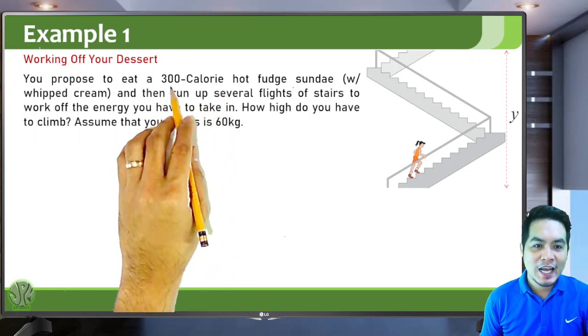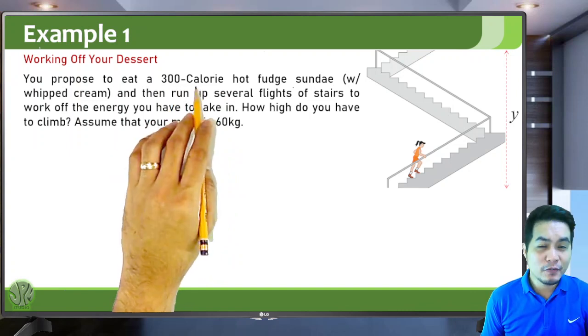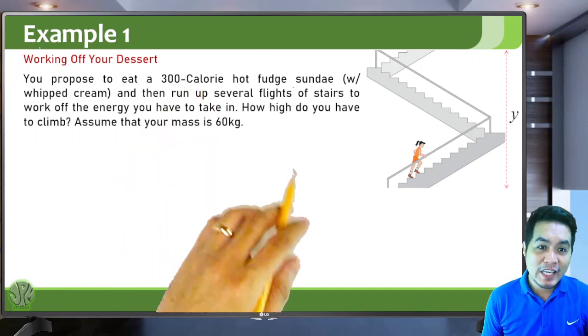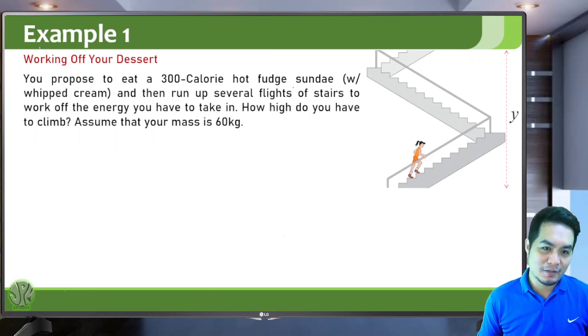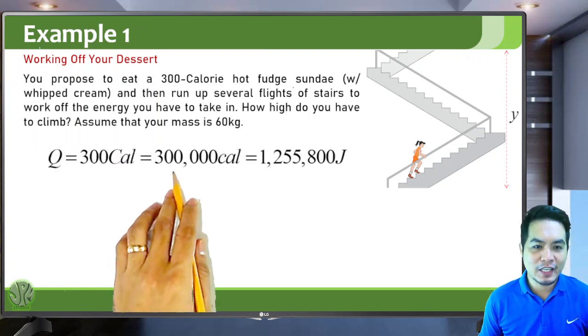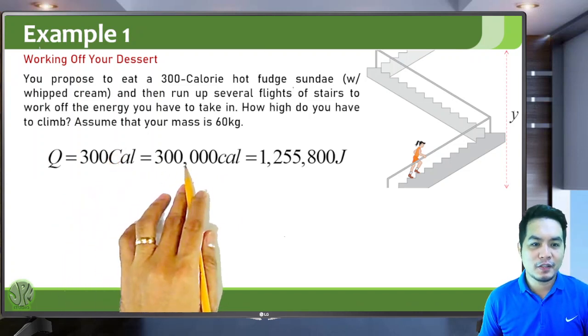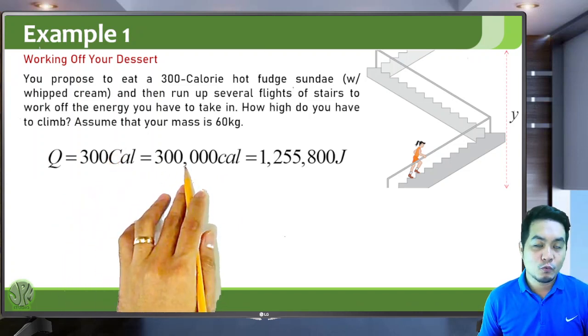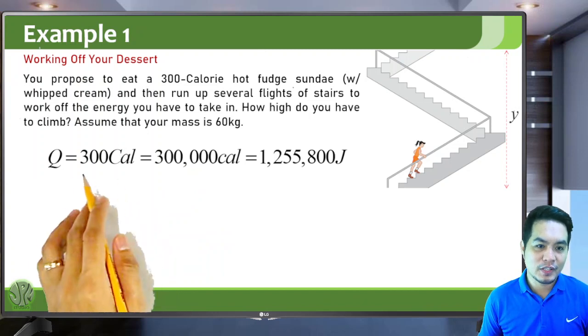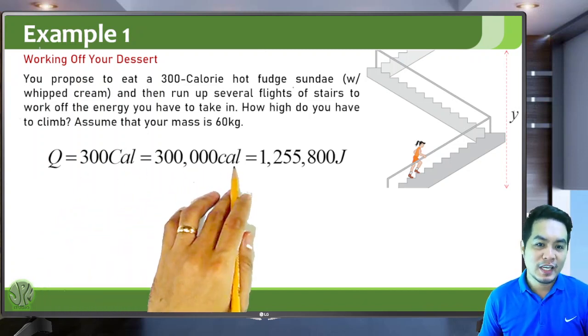So basically, 300 food calories is equivalent to 300,000 heat calories.